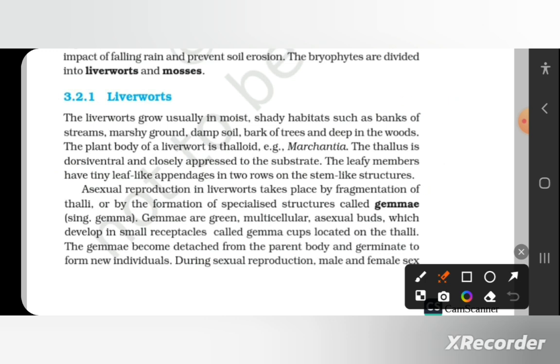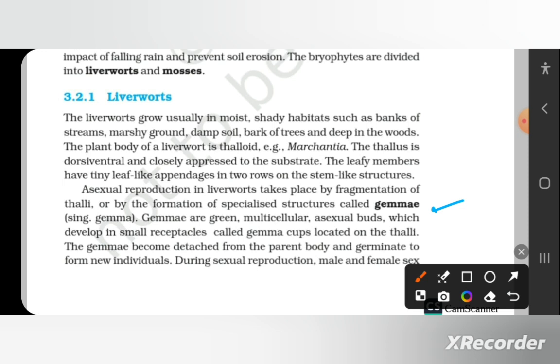Then comes the types of reproduction. So asexual reproduction takes place by fragmentation of thalli, we all know. Then an important point to be covered here is another type of asexual reproduction, which is through gemmae. This is an important thing, like special structures called gemmae are formed.